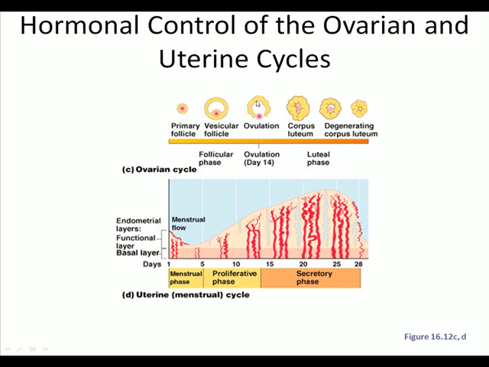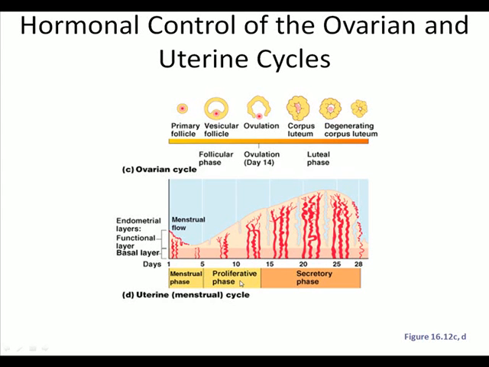The follicular cells stay behind and form the corpus luteum that's making all of that progesterone. At the end of the month, if the oocyte has not been fertilized and implanted in the uterus, then that corpus luteum degenerates and a new primary follicle is chosen. You start the cycle all over again.